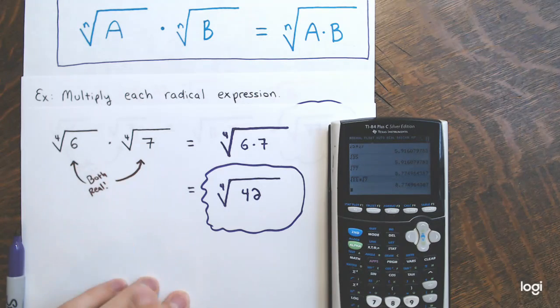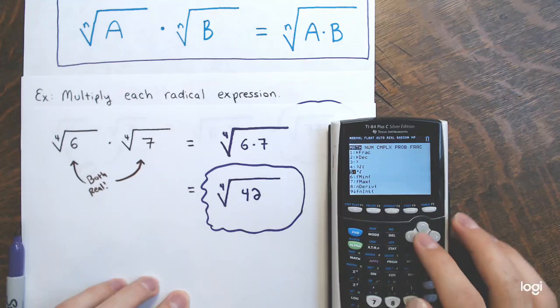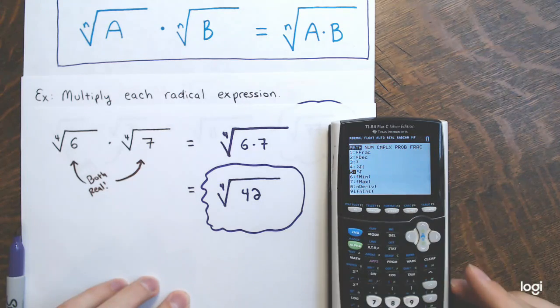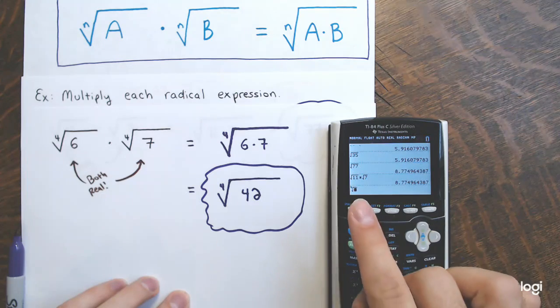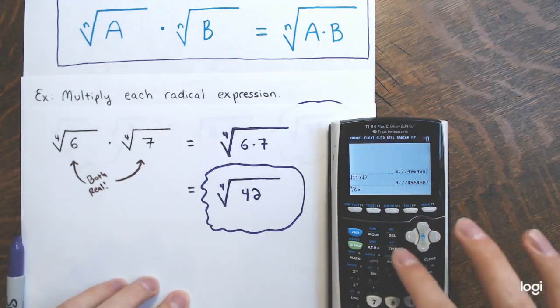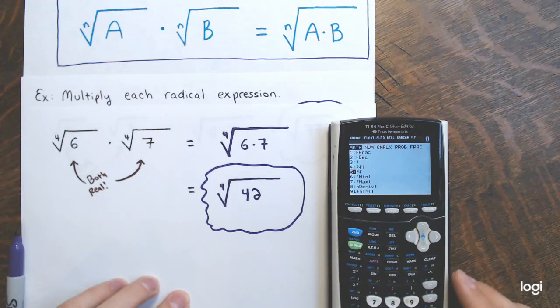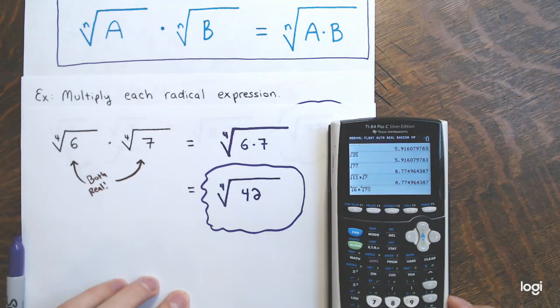So let's check it. I'm going to go fourth root here. There's a way to enter roots on this. I have a TI-84 here. Just hit the math button, go down to this root with the x there, and enter the index of 4. I've got the fourth root of 6 times the fourth root of 7, and we're getting this 2 point, so like I said, it was going to be between 2 and 3.